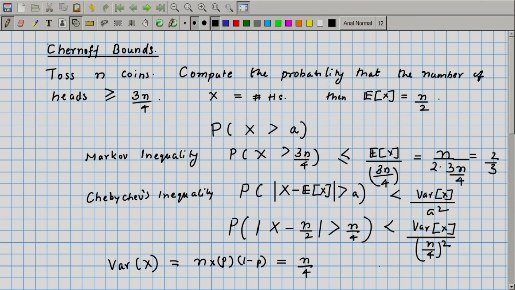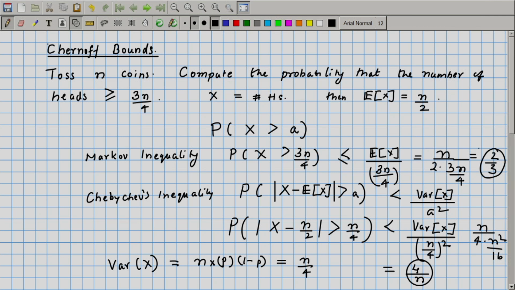Therefore, here we will get this as n by 4 into 16 by n square. So, this probability is going to be 4 by n, much better than 2 by 3.